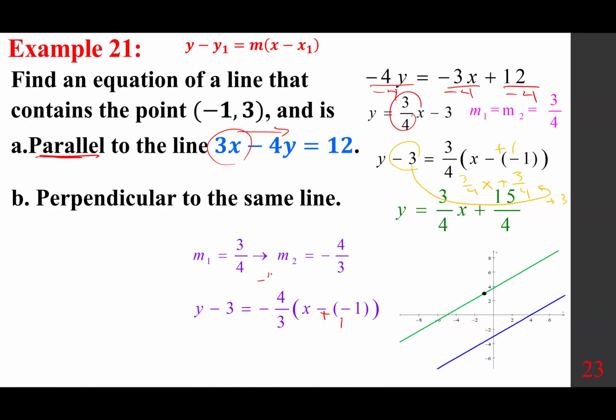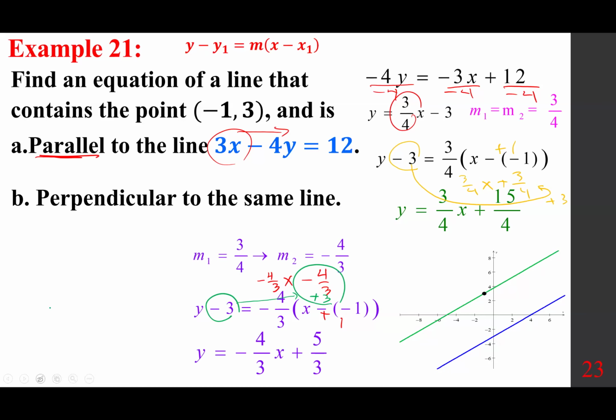So we have -4/3 x minus 4/3. Minus 3 moves, becomes 3 or 9/3, and it gives us 5/3.